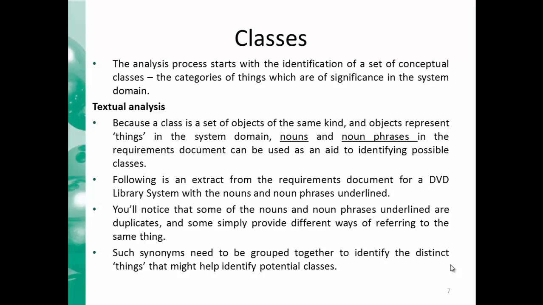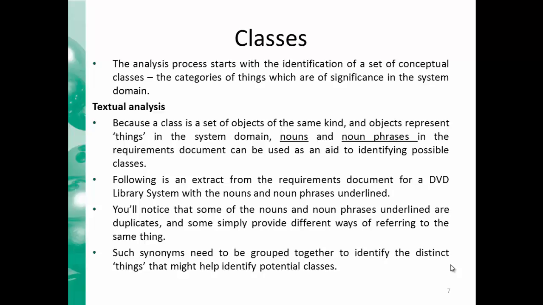Now, to be able to identify the classes in software development, we have the system domain given in the requirements document, and we need to look for things in the system domain. So we basically look for nouns and noun phrases. So every noun and noun phrase is a candidate to be a class in our system. And this process is called textual analysis.